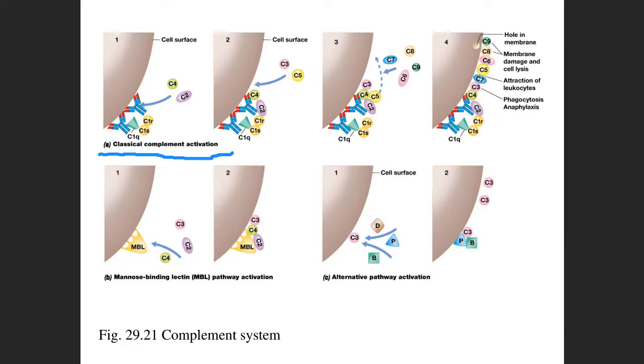Okay, and then that allows the C1 complement 1 protein to come and attach to the antibody. Remember, this is the constant region that functions as the anchor. So the C1 then recruits C2, 3, 4, 5, and then they all come.